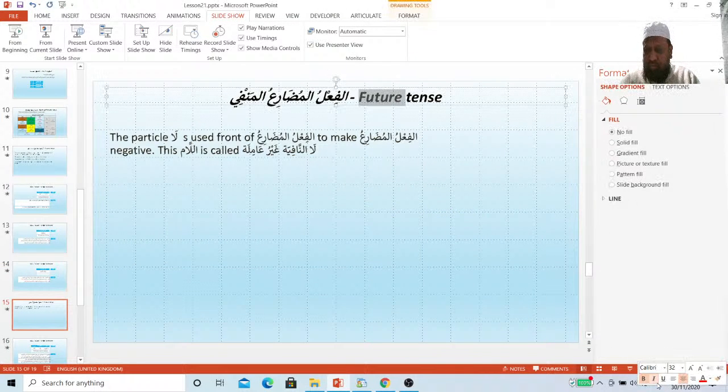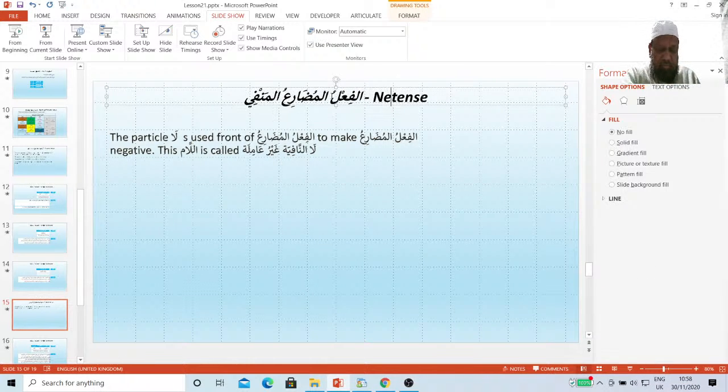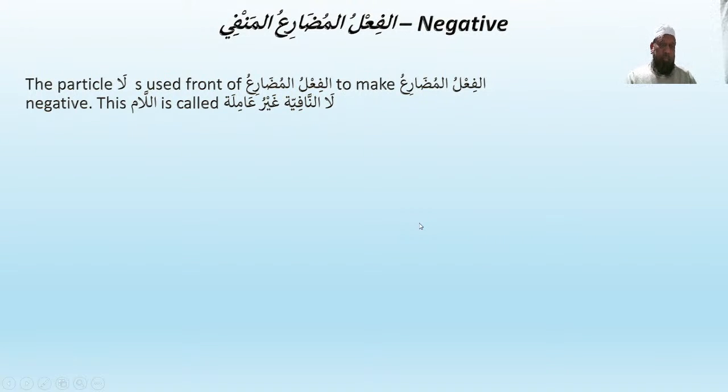Now, negative. The particle لا is used in front of الفعل المضارع to make الفعل المضارع negative.